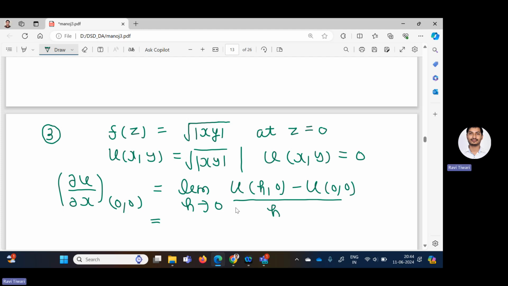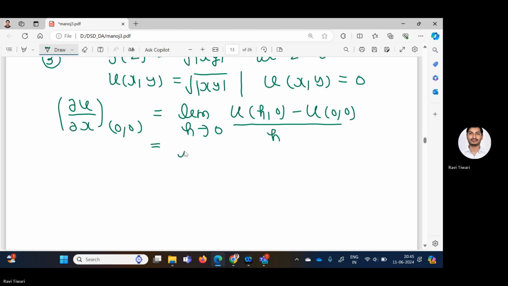Now some students might be thinking how you will calculate u of 0 0. This time it's an easy function because here u is the root of mod xy. If it was a rational function, then again a problem would be created, but this is not a rational function. So u of 0 0 means x is 0 and y is also 0, so you will get 0.